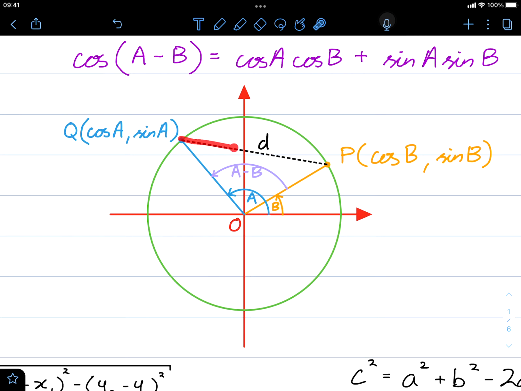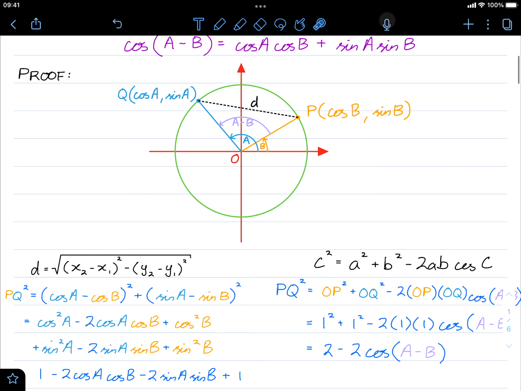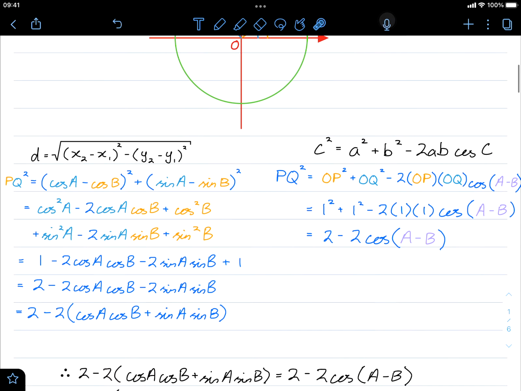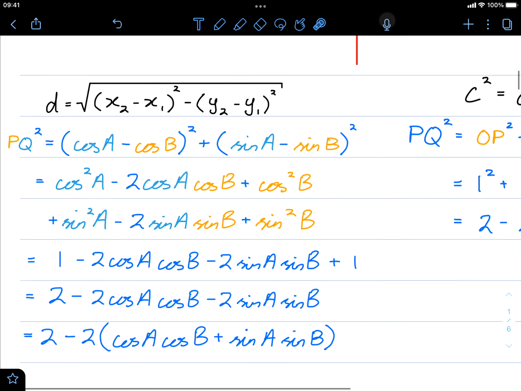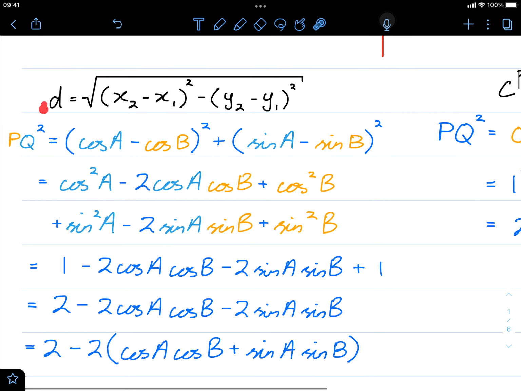We're going to draw a straight line connecting PQ and call that the distance D. So, to prove this identity, let's take a look at the distance formula for 2 points in a Cartesian plane. We're already familiar with this.